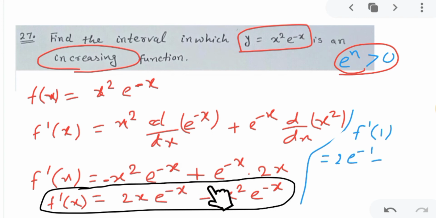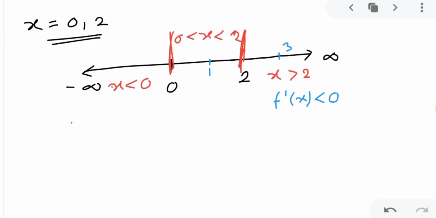X square means 1 square, which will be 1 only, and e to the power minus 1. So 2 into e to the power minus 1 minus e to the power minus 1. E to the power minus 1 you will take common, then 2 minus 1 will be 1. It means you will get e to the power minus 1. And just now I told that e to the power anything will be greater than 0, positive. So f dash 1 is greater than 0, a positive value. Positive value means f dash x for this region is positive, greater than 0. So for this region I checked.